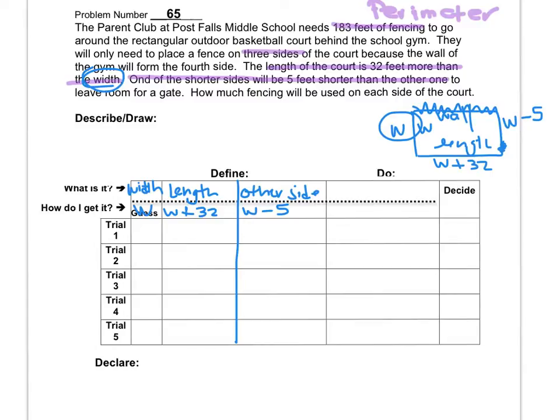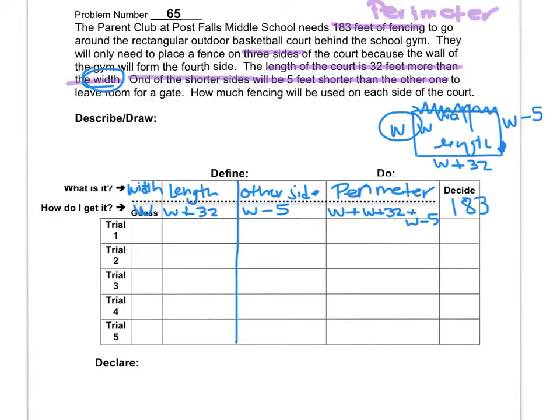And then I need to find the perimeter, but remember it's the perimeter of only the 3 sides. So it's going to be the width plus the length, but the length is really W plus 32, remember? Plus, the other side is W minus 5. And to decide if it's right, we need 183 feet of fencing altogether.